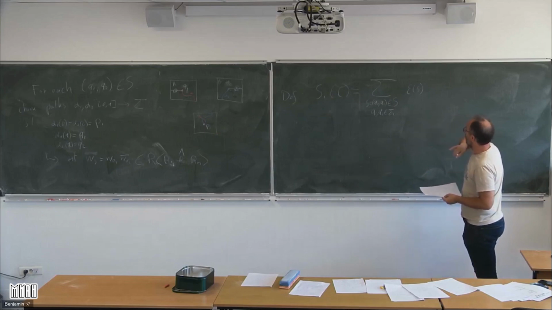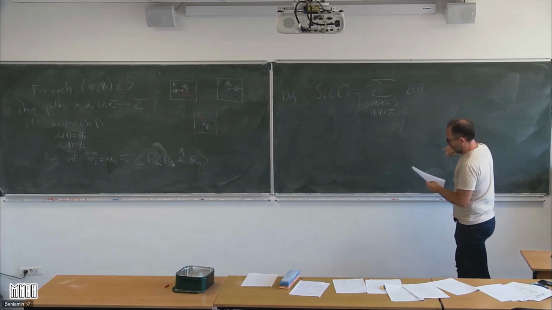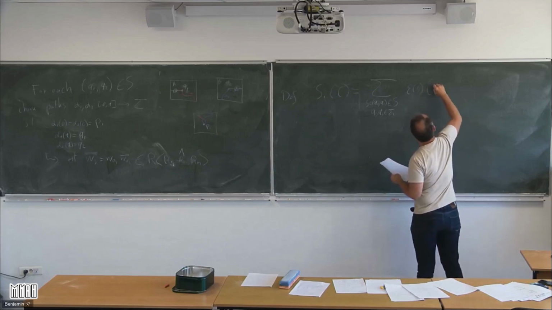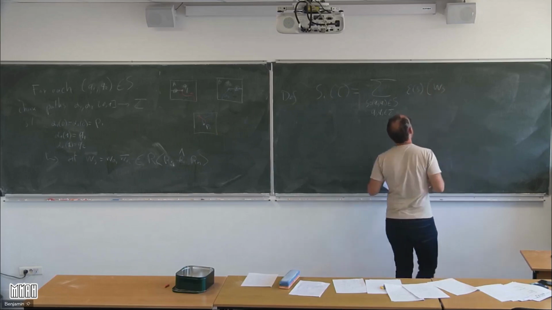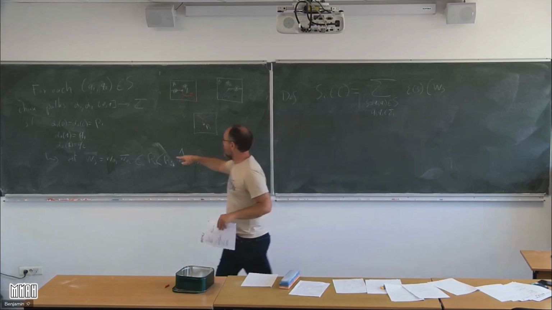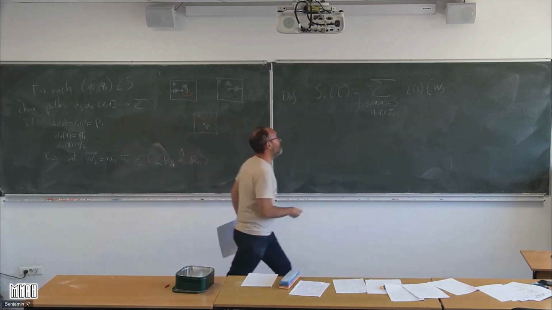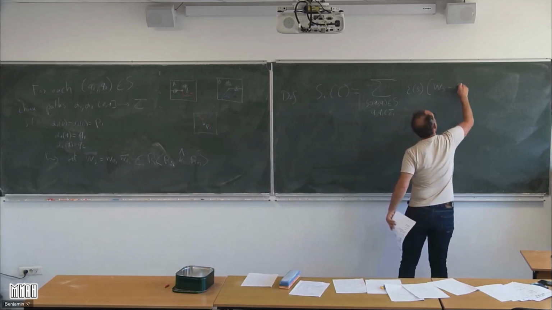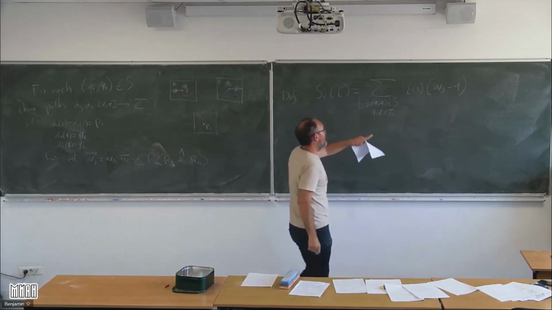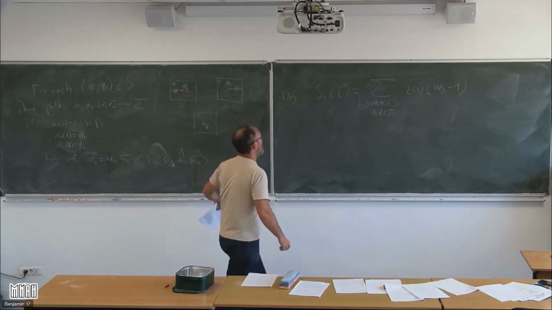I will tell it how it is defined right after, times the element I have just defined, minus 1. 1 is just the trivial element in my group.